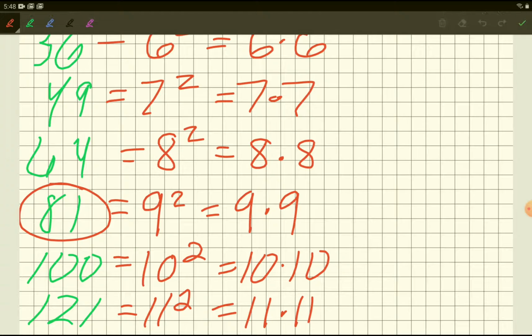When it's a number on the inside that is a perfect square, the answer is just 9, or whatever this number is. It's not 7 squared, it's 7. It's not 9 squared, it's just 9. All right?